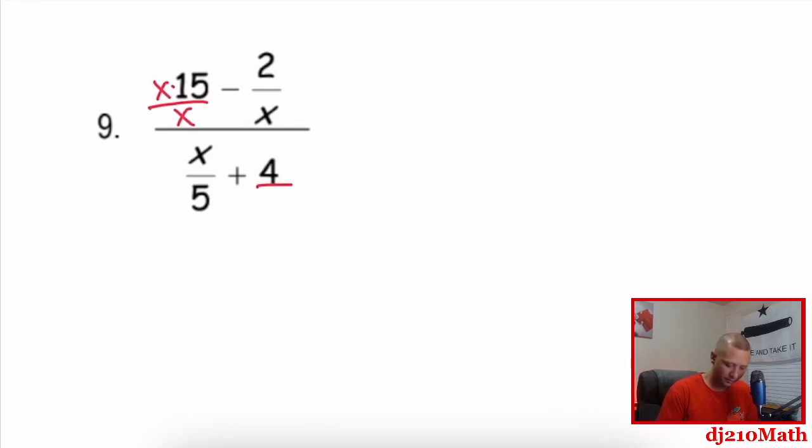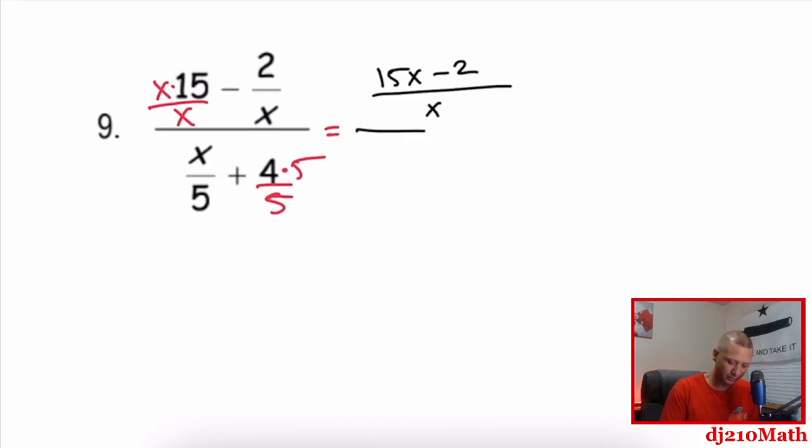In the bottom, 5, 5. So putting all together, we'll write it kind of how it's supposed to. 15x minus 2 over x all over x plus 20. 5 times 4 is 20 over 5.